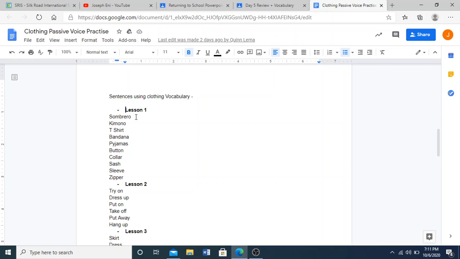For lesson 1, the words are sombrero, kimono, t-shirt, bandana, pajamas, button, collar, sash, sleeve, and zipper. So these are the words.